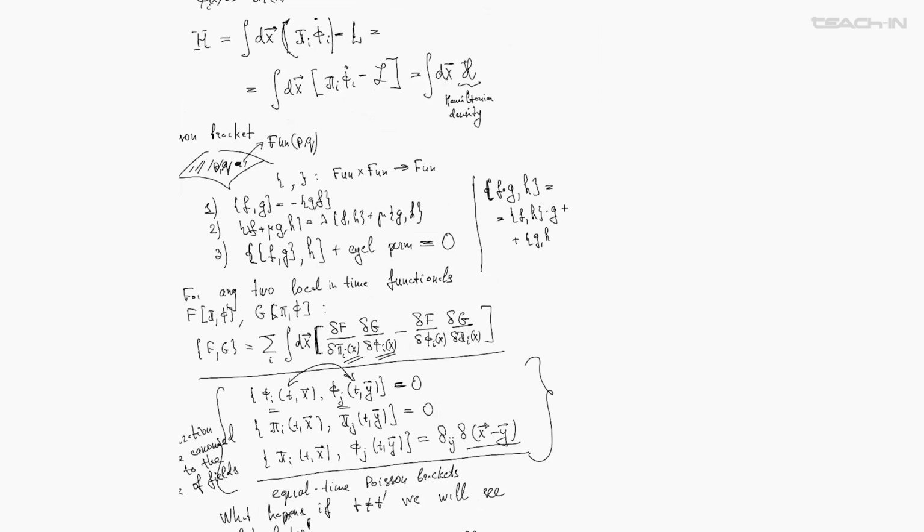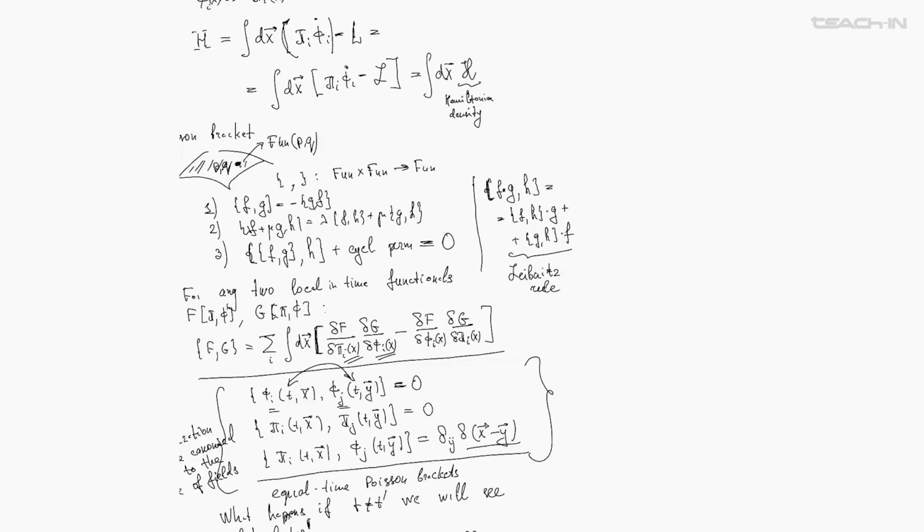Leibniz rule, which in a way shows you that the Poisson bracket acts as differentiation. So it satisfies the same property as the derivative satisfies with respect to multiplication of two functions.